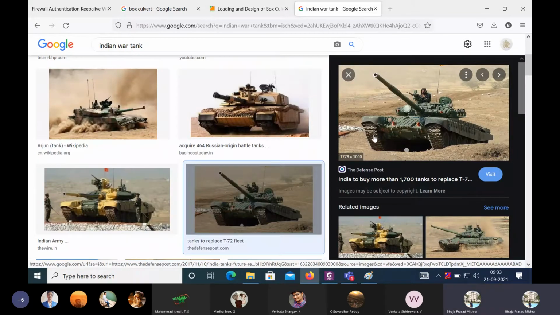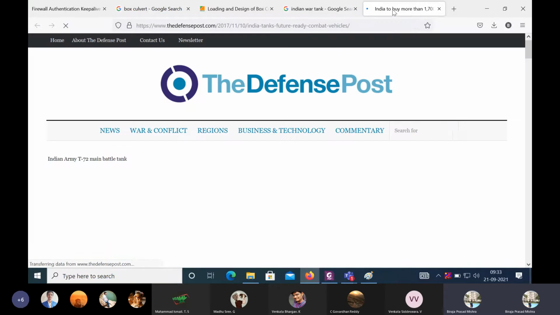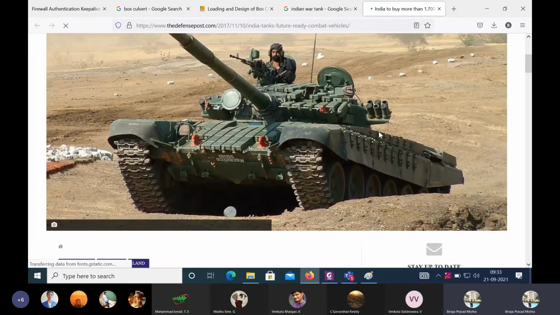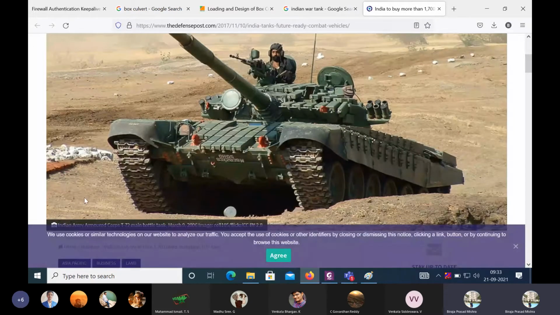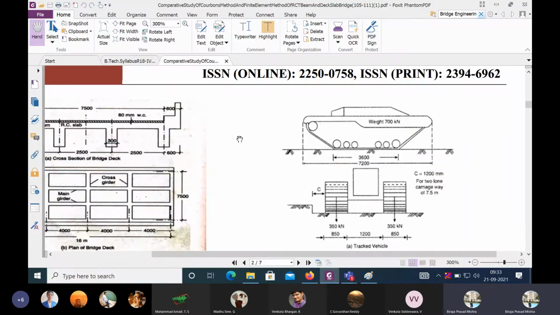These are the chains of the tank, which we call tracks. This is track one and this is track two, and that has been idealized here. The whole 700 kilonewton will be transferred as 350 kilonewton and 350 kilonewton.